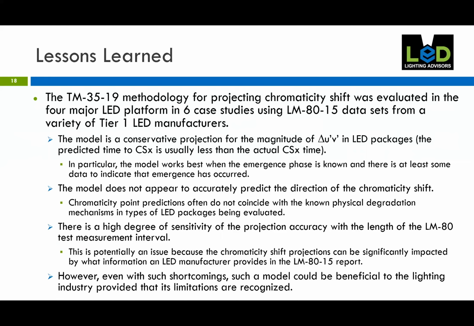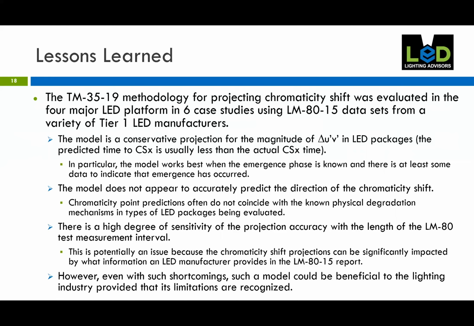And also 10,000 hours is a typical report. And in certain cases, as we saw with some of these LED packages, the emergence phase has not been reached in that 10,000 hours. So really the length and projection interval of the LM80-15 reports is of critical importance to the accuracy of the TM35 methodology.